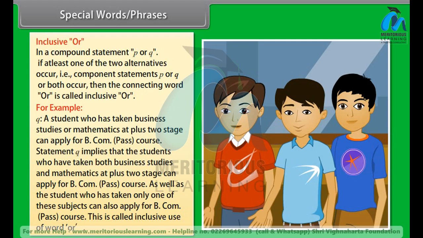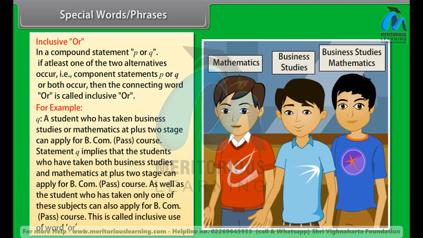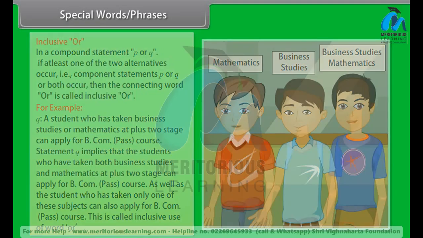Statement Q implies that students who have taken both business studies and mathematics at +2 stage can apply for BCom Pass course, as well as students who have taken only one of these subjects can also apply for BCom Pass course.